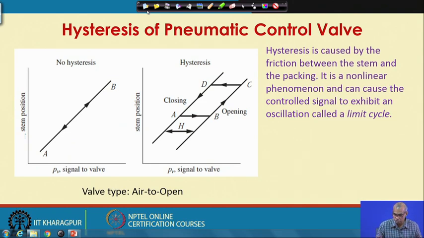In fact, you should draw a better figure, like this should be horizontal to show that it does not change. So, a loop forms like this. So, this is an oscillation.